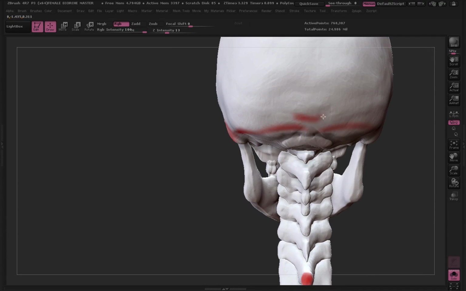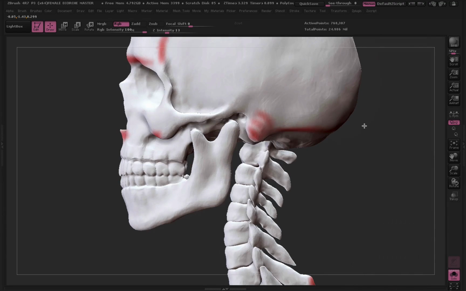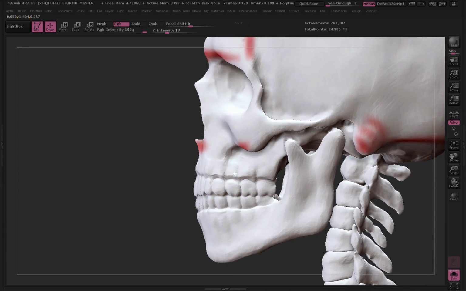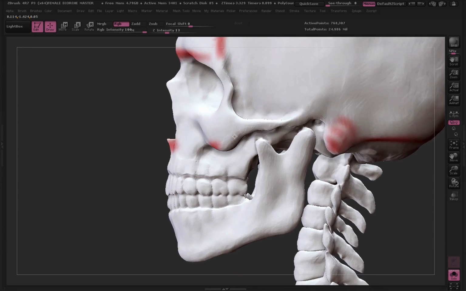And we have a bump around here. This back portion of the skull is called the occipital bone, and there's a protuberance there called the occipital protuberance.